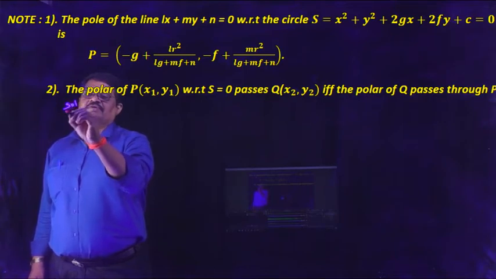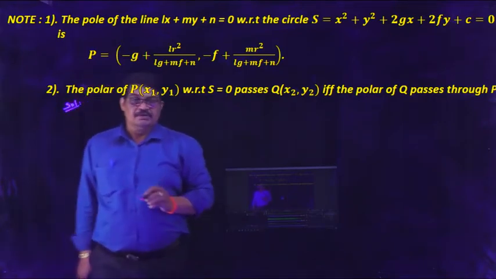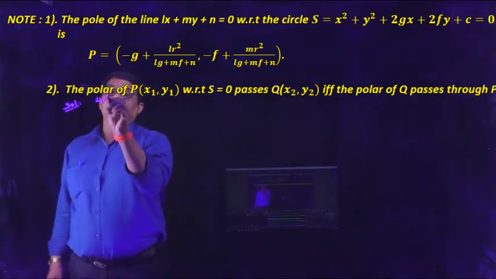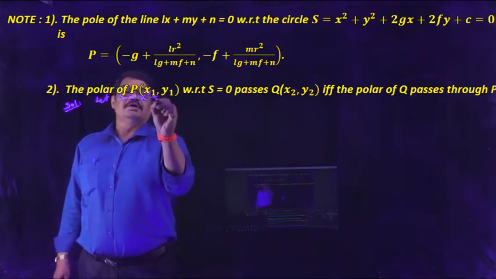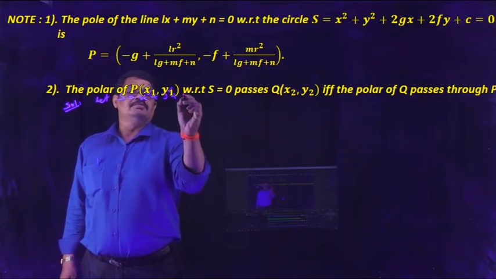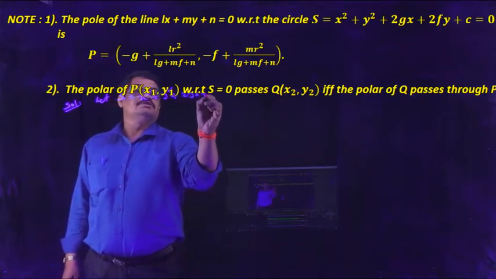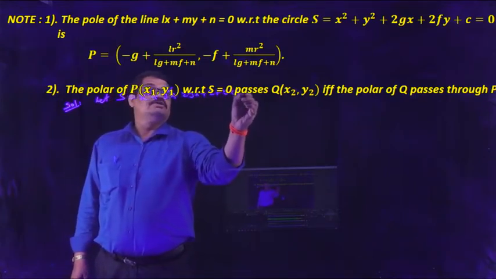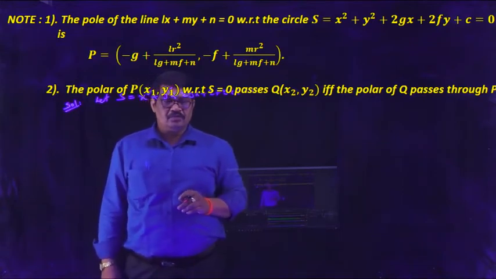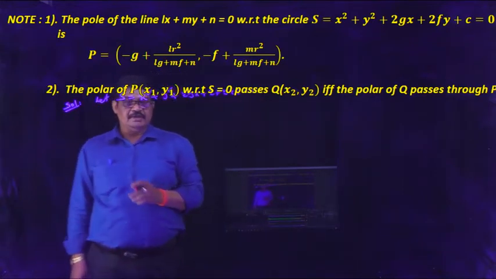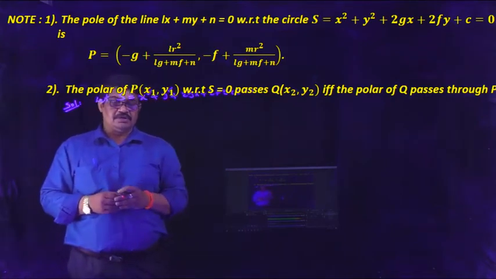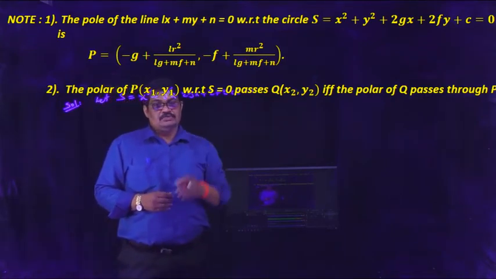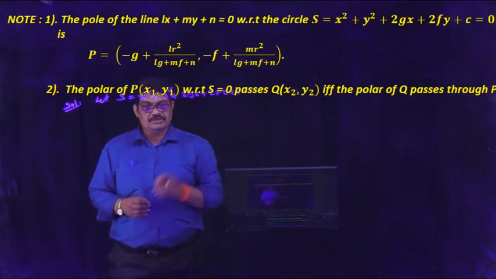Okay, see the solution. Let us take S = 0 as the general circle x² + y² + 2gx + 2fy + c = 0. Now we are writing that the polar of P(x1, y1) with respect to the circle passes through the point Q(x2, y2).